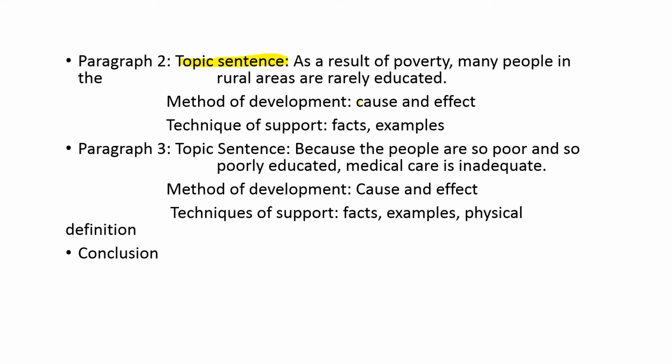What is the method of development? Cause and effect. Because the cause of lack of education is poverty. So you are going to explain in this paragraph the relationship between poverty and the lack of education in terms of cause and effect. As supporting techniques, you can give facts and you can give examples.